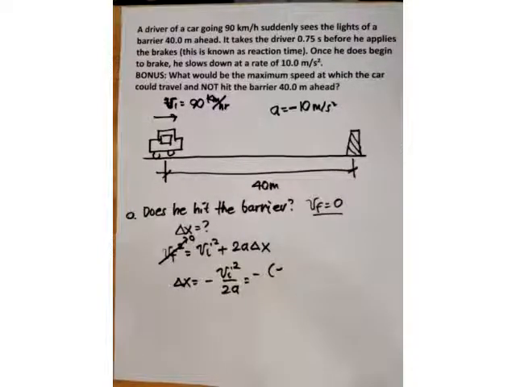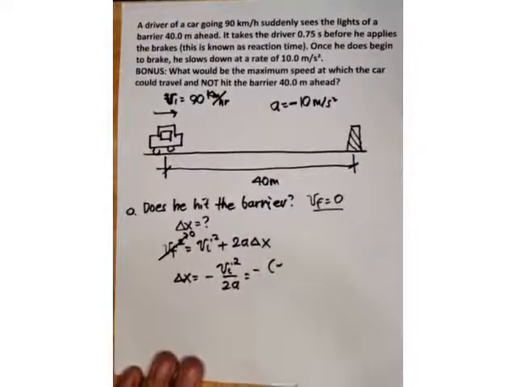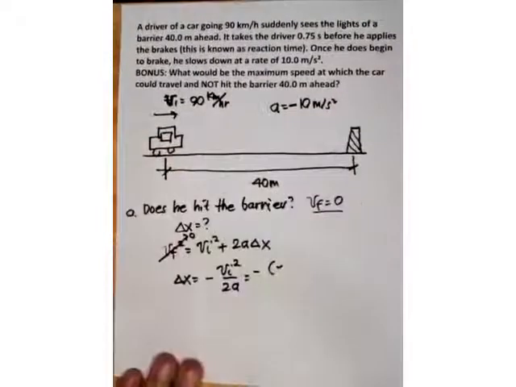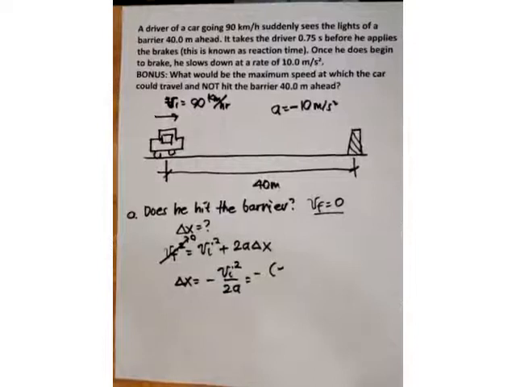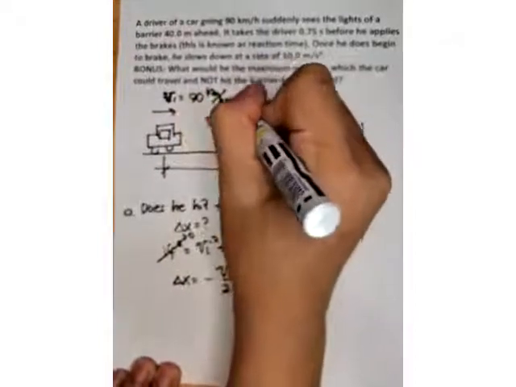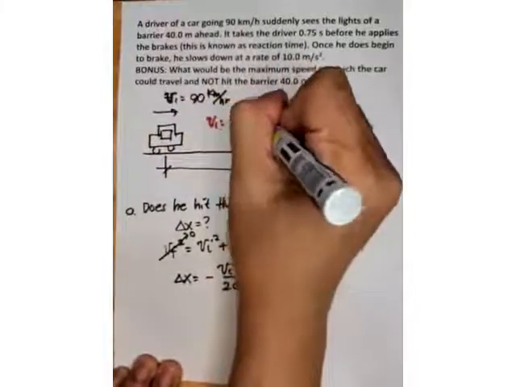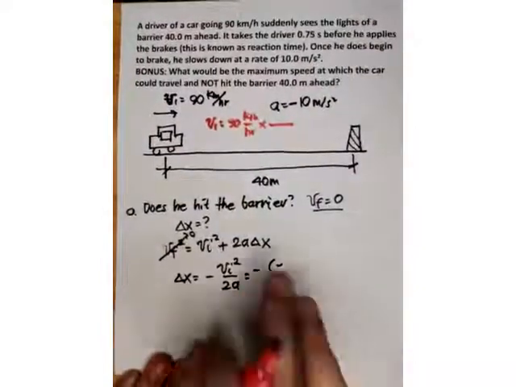Hindi ko kinonvert. So dapat yung V initial is i-convert natin into meters per second kasi naka-kilometers per hour siya. Okay, saan ko siya i-convert? Ito na lang. So V initial is equal to 90 kilometers per hour. So convert natin into meters per second.